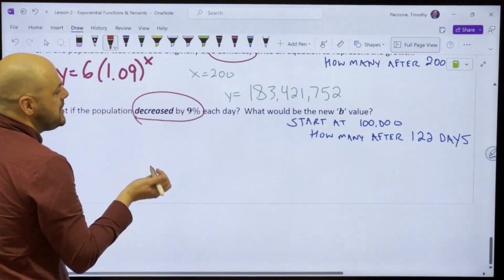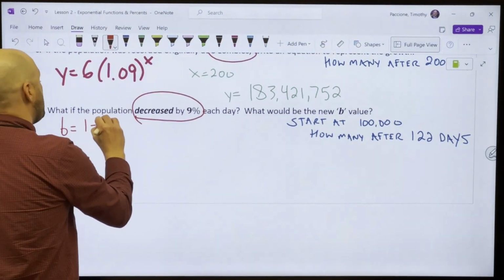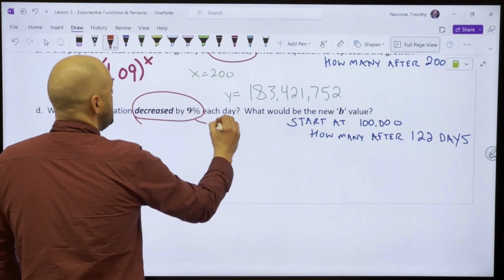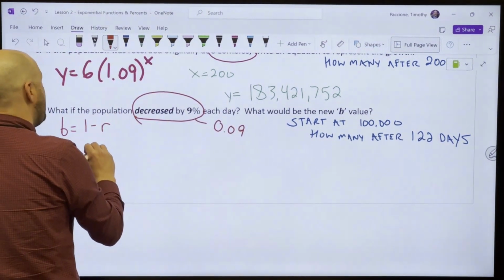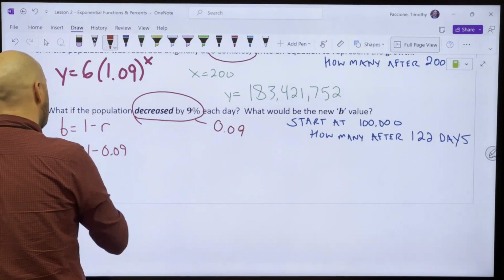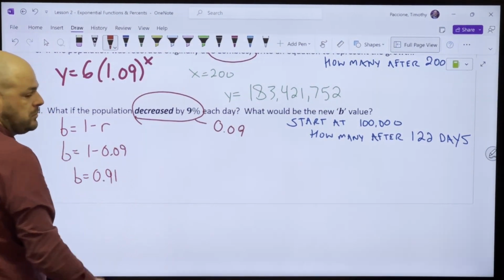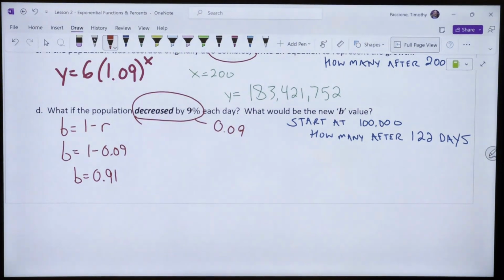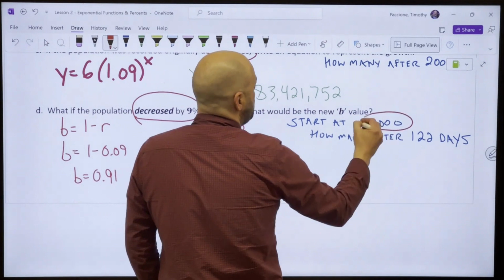All right, now let's say it was decreasing. Well, our b is 1 minus r, right? Our r is 0.09. So our b equals 1 minus 0.09. Our b is 0.91, right? Okay, so now y equals, and we said our new start value was 100,000.